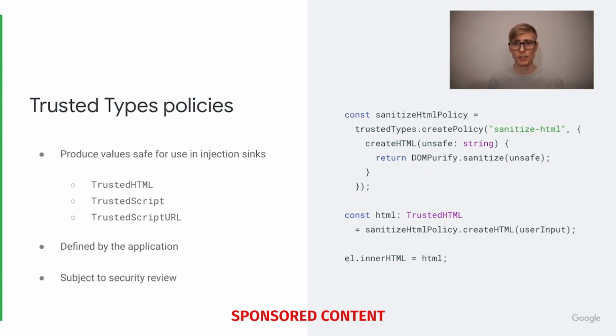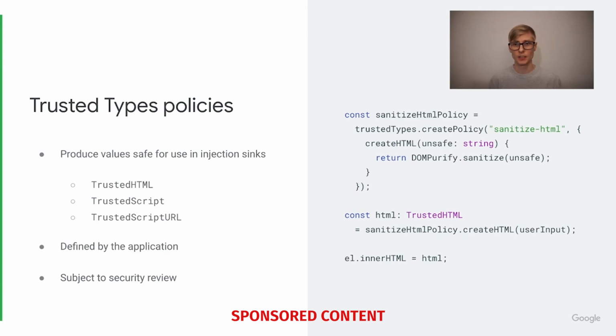In this case, the DOMPurify library is used to sanitize the HTML. The application can then pass untrusted HTML to the policy's createHTML function, which sanitizes the HTML and returns a TrustedHTML value. This value can then be assigned to innerHTML without causing a trusted types violation.